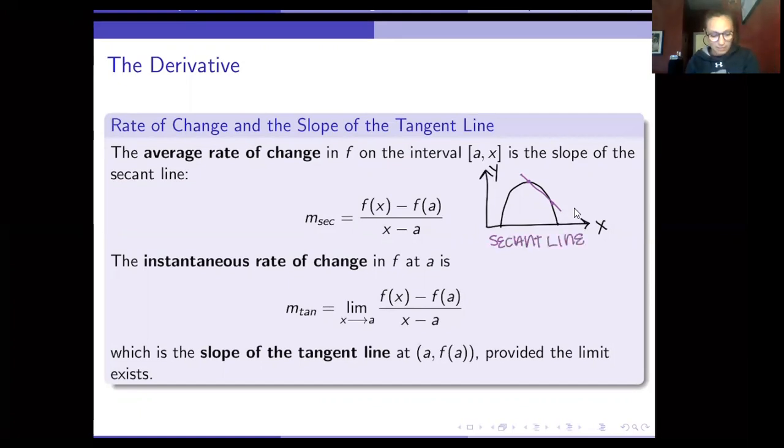I've got a secant line that passes through 2 points, one called x and the other called a. Sorry that that's a little smushed. I really wasn't thinking when I started drawing that.